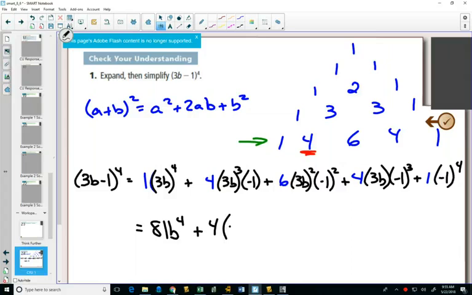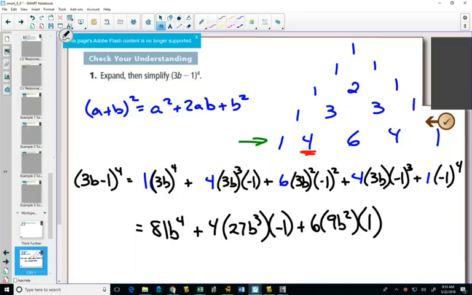If I cube this, I'm going to get 27b cubed, still times a negative 1. Here I'm going to get 9b squared, and negative 1 squared is positive 1, plus 4 times 3b, negative 1 cubed would be negative 1, and negative 1 to the 4 is going to be plus 1. So I'm going to just simplify my exponents first.